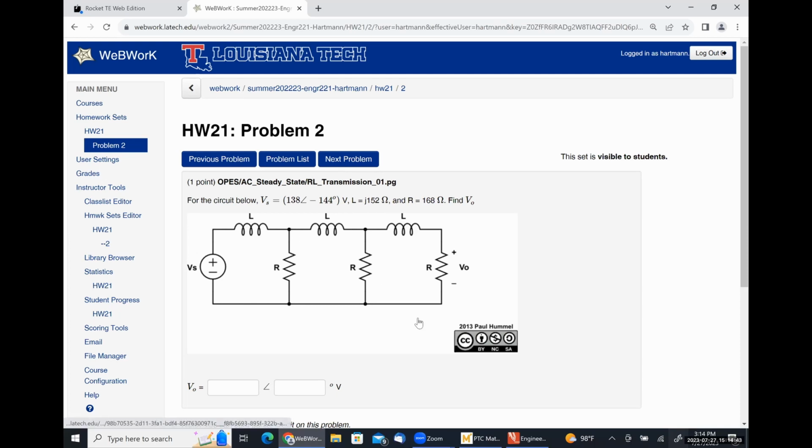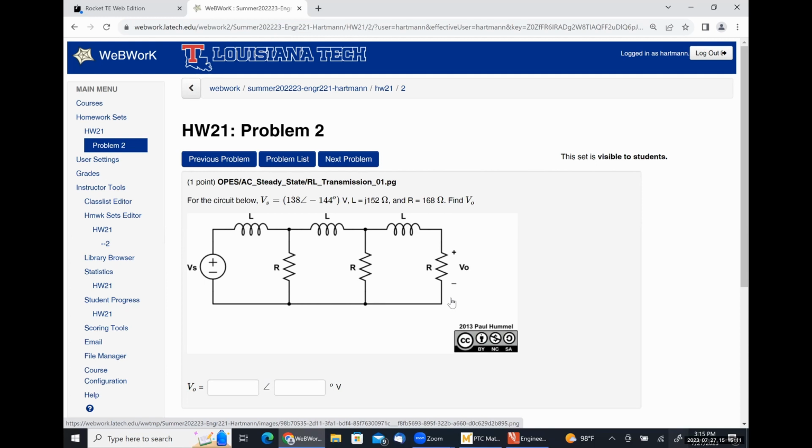So if you wanted to go about the tedious route, lump everything to the right of this resistor R and include this resistor as a single impedance, find the voltage drop over that using voltage division, then put these 3 elements as a single impedance, find the voltage drop across that using voltage division, and then finally find the voltage drop across this last resistor using a third instance of voltage division.